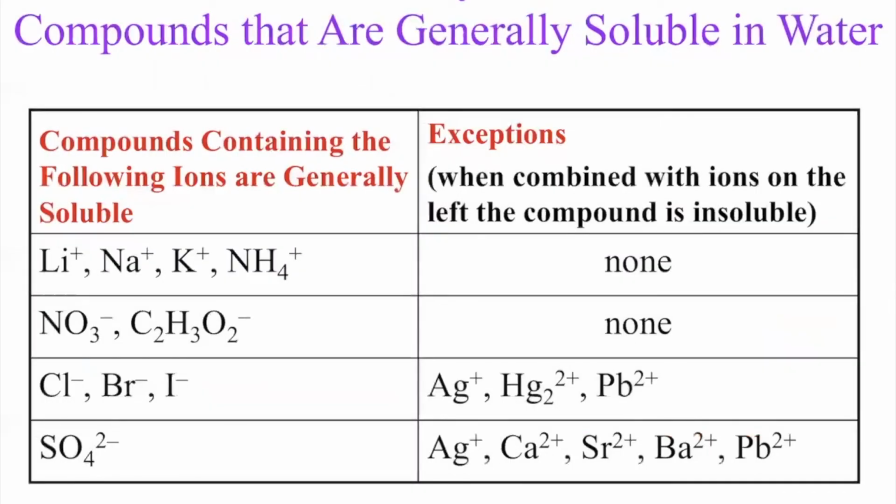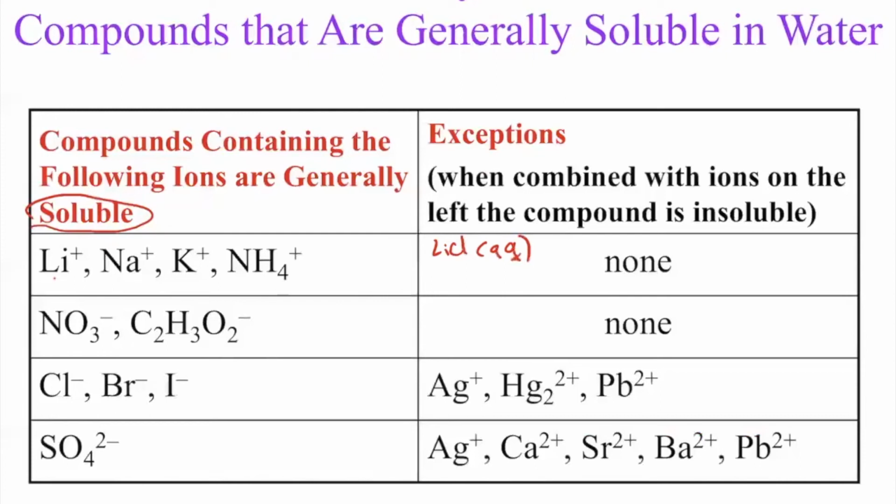For example, this chart is saying that these compounds are going to be soluble except when you mix them with this. So for example, lithium chloride: will you say it's soluble or insoluble? Well, lithium is here, it says that it's soluble and it doesn't have any exception. So I will write aqueous.